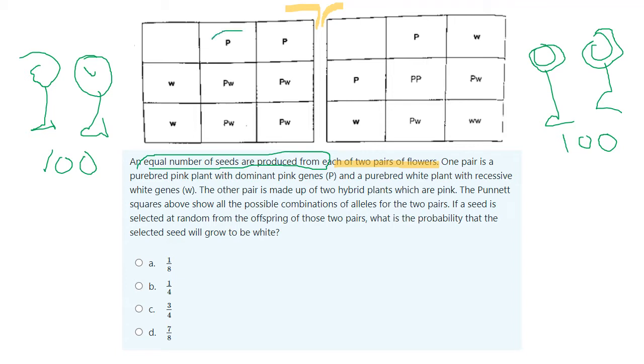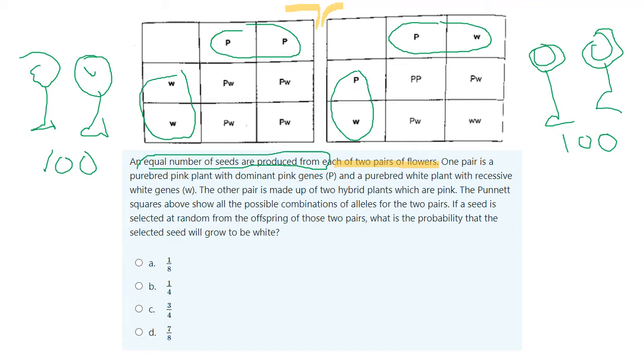So we have the pure pink dominant, we have the pure white recessive. The other pair is made up of 2 hybrids. So both of them are pink, but they both carry the recessive gene for white.